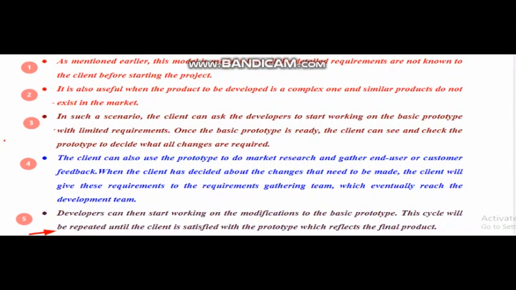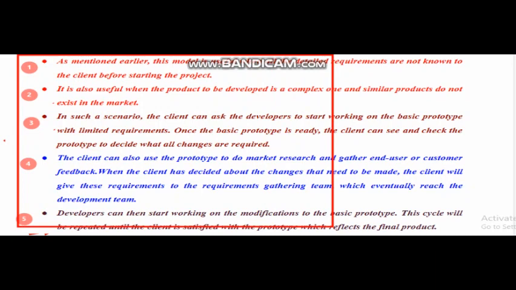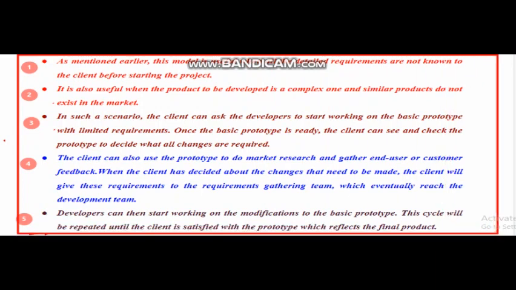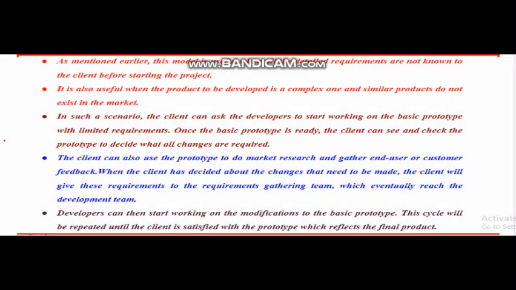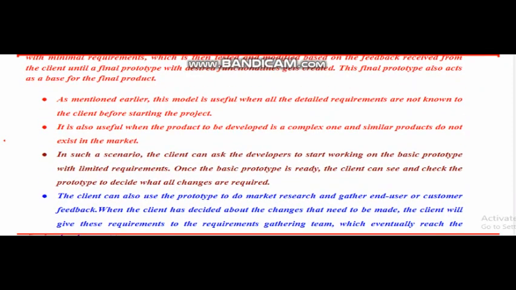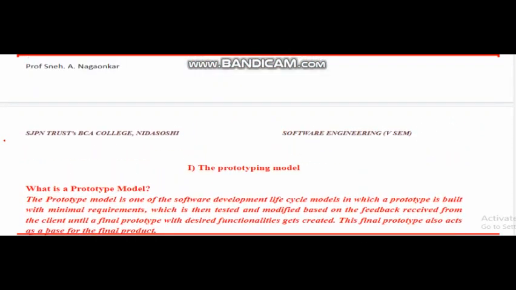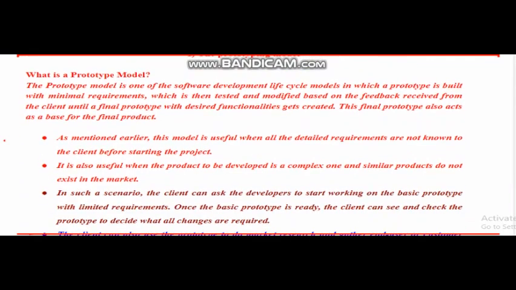So what it means here is that we continue all this process until we get a final set of information. This is the case where we go for the prototyping model.